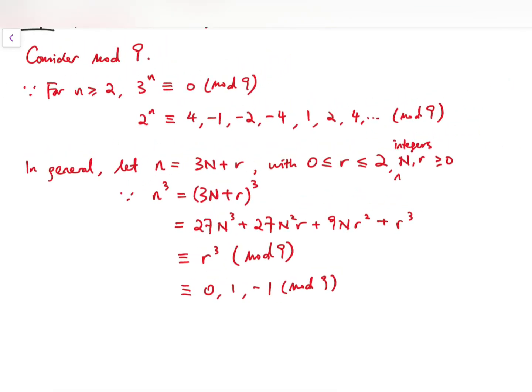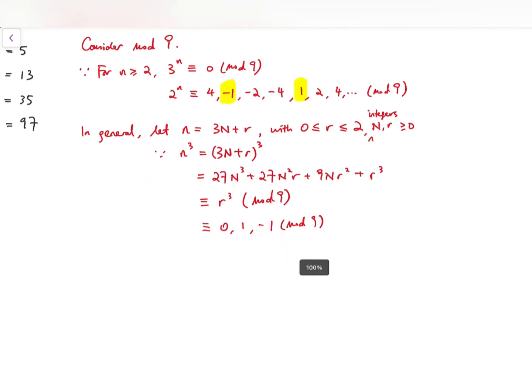Now looking at this, you may notice that the only possible remainders that 2 to the power n can take are minus 1 and 1 under mod 9. And this can only hold when n is a multiple of 3.